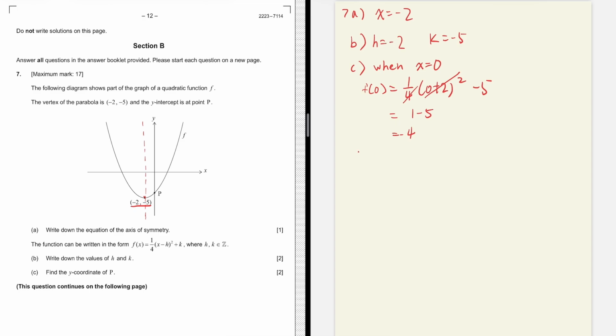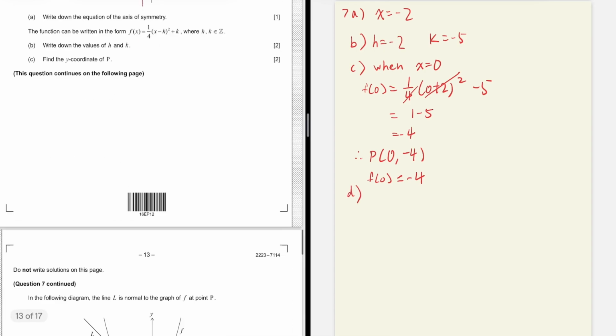So therefore, P is (0, -4), and the y-coordinate f(0) equals -4.